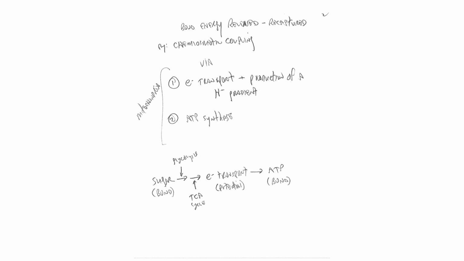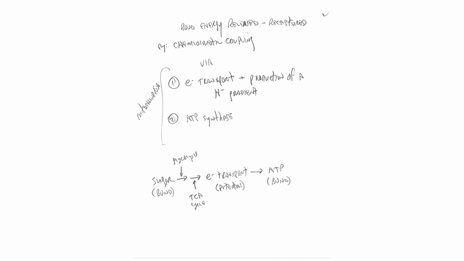And so that bond energy gets converted into what's called potential energy. And that potential energy is then converted back into bond energy. So we go from bond, potential, back to bond in ATP. And that occurs via what's called chemiosmotic coupling, and that takes place in the mitochondria. And there's two pieces that I think are most important. One is the electron transport.